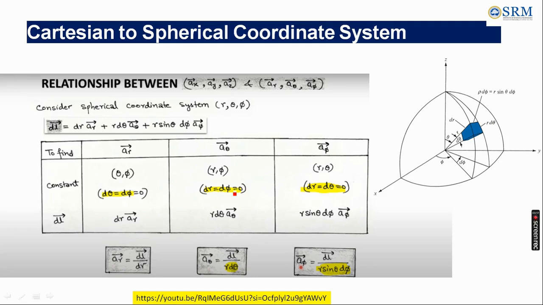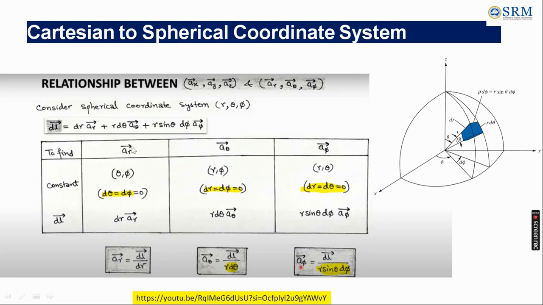Now let us see how the conversion is done between the unit vector quantities. To find the AR vector, what should I do? I should take the general relation of the differential length element in the spherical coordinate system, where dl vector is written as dr AR cap plus the differential element along the theta direction, r d theta a theta cap, plus along phi it is r sin theta d phi a phi cap.